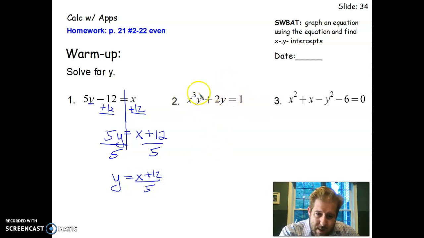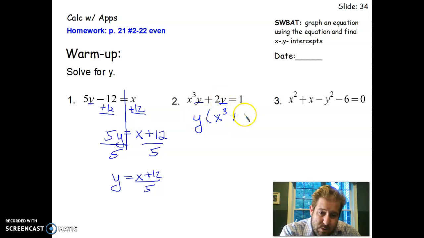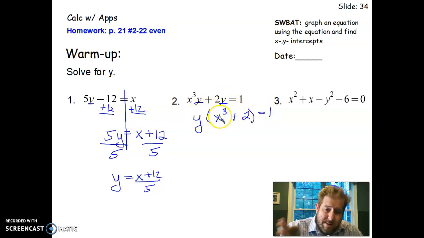For this question, the first thing I notice is that both of these terms have a y. So the easiest way to do this would be to factor out that y. So y times x cubed is this term, and y times 2 is this term. If I distribute the y times this and y times that, that's basically what factoring out the GCF literally is.